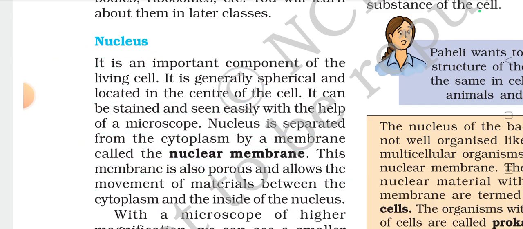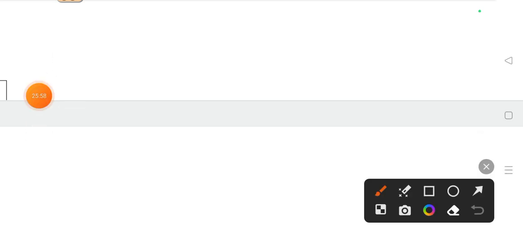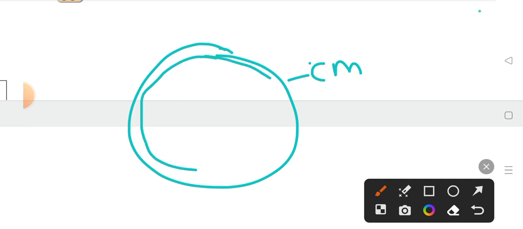So I will explain it with a structure. For example, here we have the white page. And look over here now, guys. This is a cell membrane. Let me draw nicely.